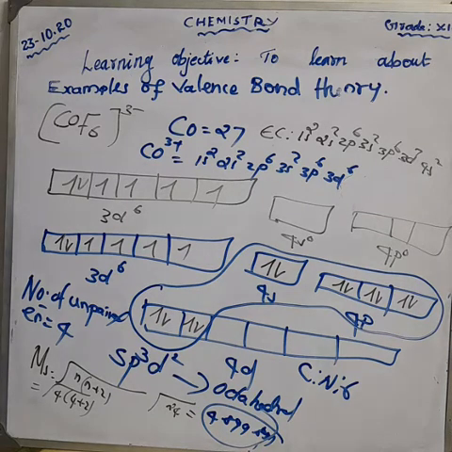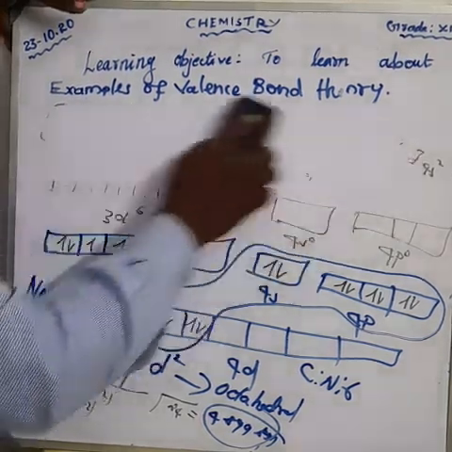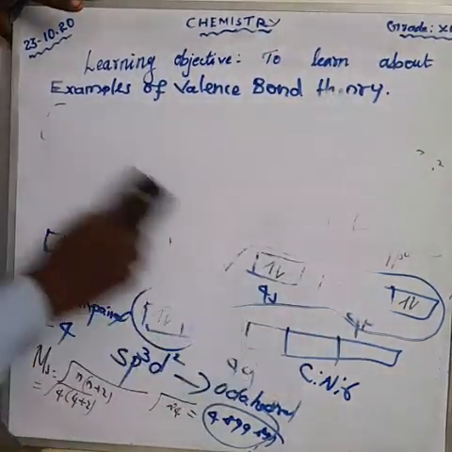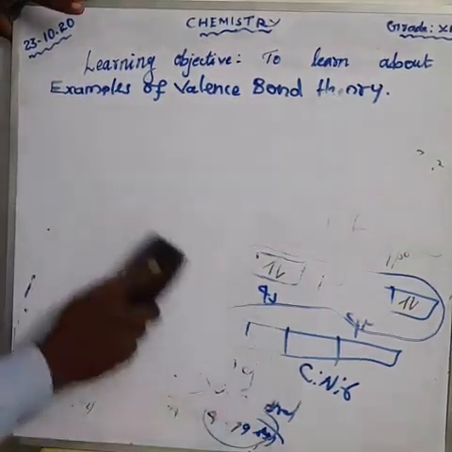Anyhow, this VB theory has some limitations, and you should learn what they are. The limitations are an important point and an important question. What are the limitations of valence bond theory?